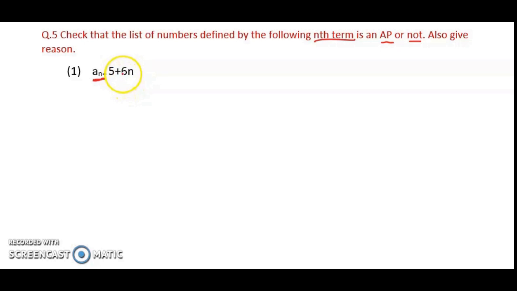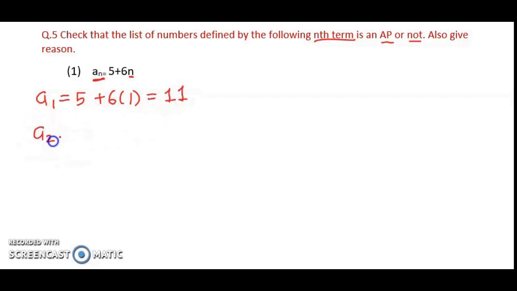First of all we have to find the list of numbers, and then check whether this list of numbers is an arithmetic progression or not. If you want to find the first term, in place of n we will put 1. So we will get 5 plus 6 multiplied by 1, so we will get 11.